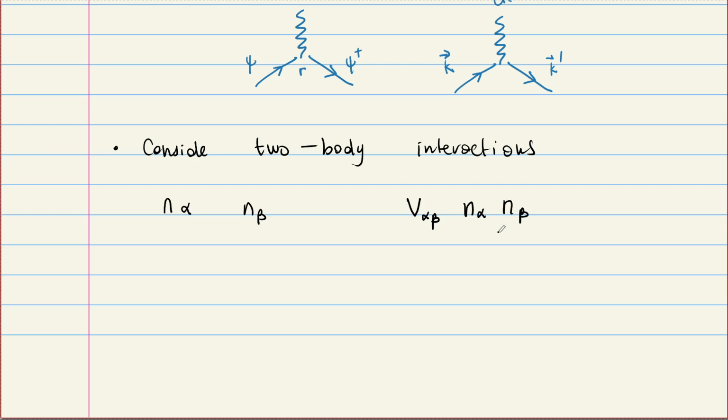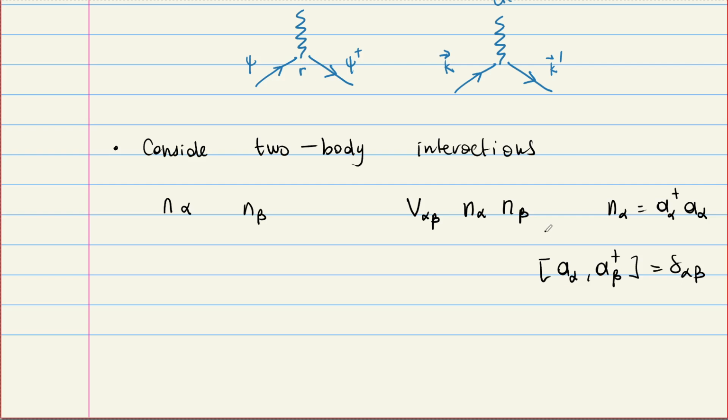This is a density kind of interaction, where n_alpha is given by a_alpha dagger a_alpha, and their commutation is again a_alpha a_beta dagger is delta alpha beta.